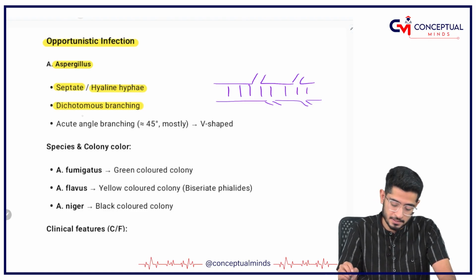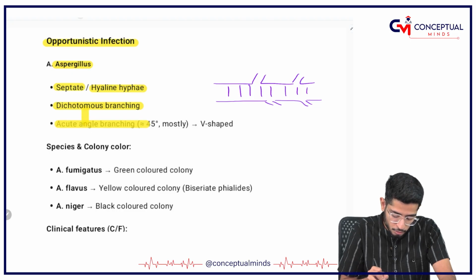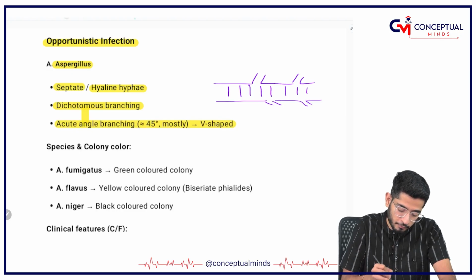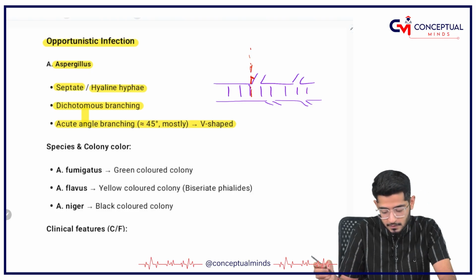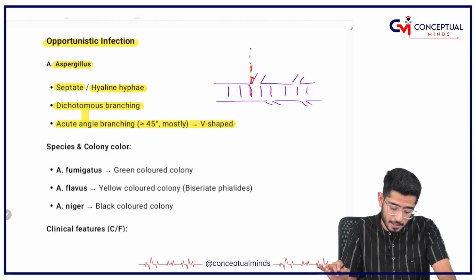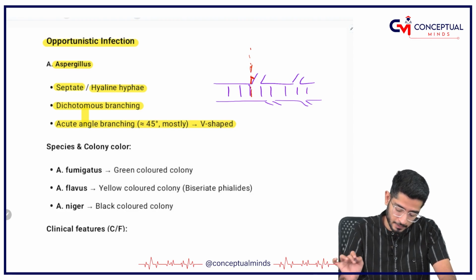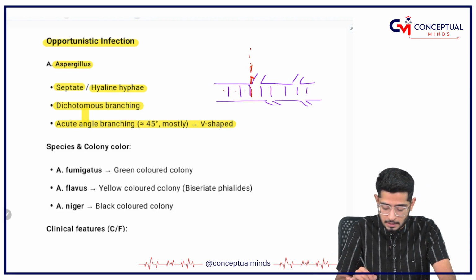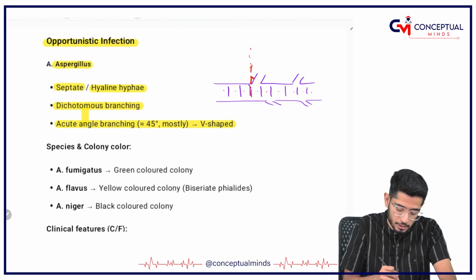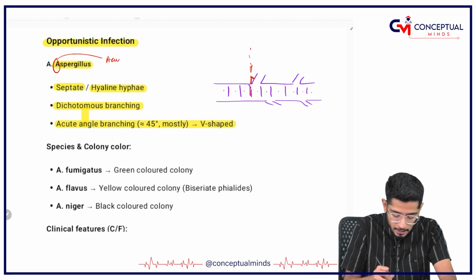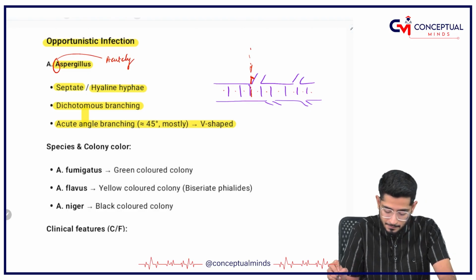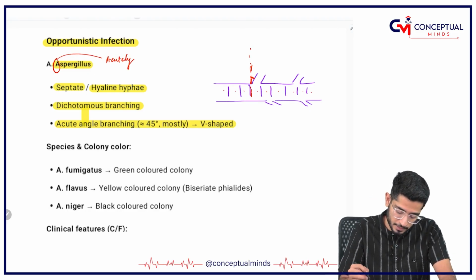Dichotomously branched means it shows branching at an acute angle, approximately 45 degrees with the vertical. So these are the acutely branching septate hyphae of Aspergillus. A for Aspergillus, A for acutely branching septate hyphae.